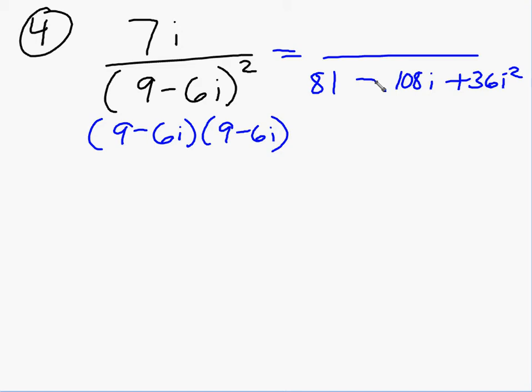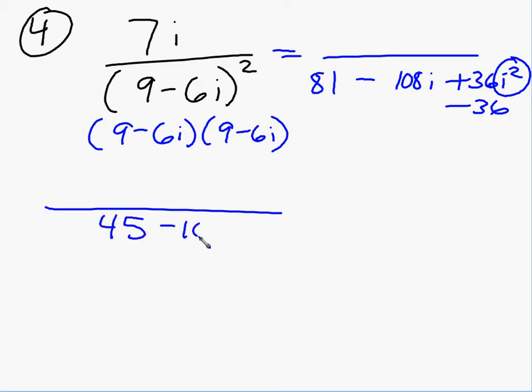Now, of course, i squared is negative 1. So this denominator is like a negative 36. So 81 minus 36, isn't that 45? So I'm going to have 45 minus 108i on the bottom. On top, I still have this 7i. So you have to do that first before you multiply by the conjugate.